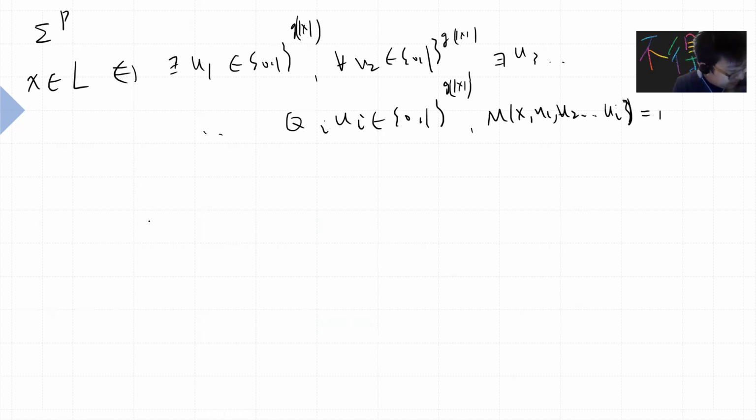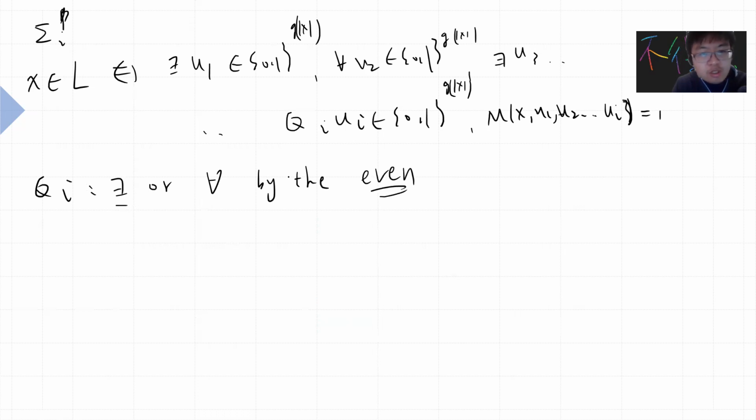Q_i is exists or for all depending on whether i is even or odd. For example, sigma 2 is exists, for all. If i is odd, you choose exists, and if i is even, you choose for all.